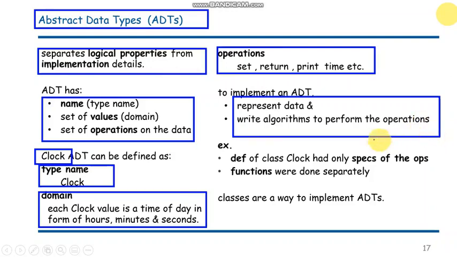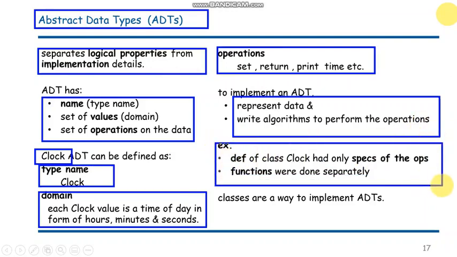If you look at the example that we have been busy with, that is clock, you will see that the definition of class clock had only the specification of the operations. There were prototypes, just the headings. That's what was in the definition. But the functions, that is the implementation, were done separately.